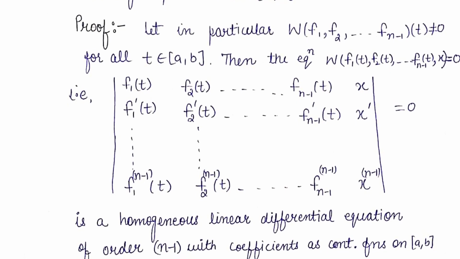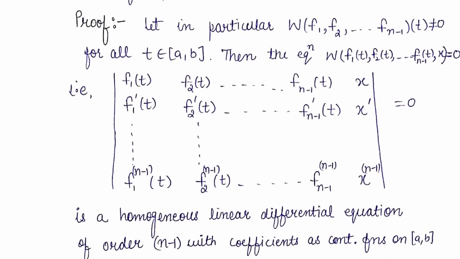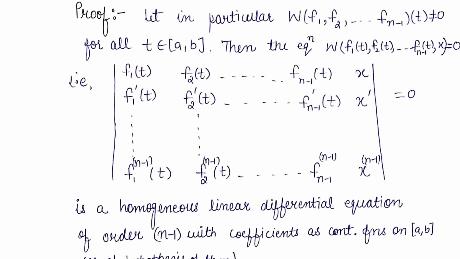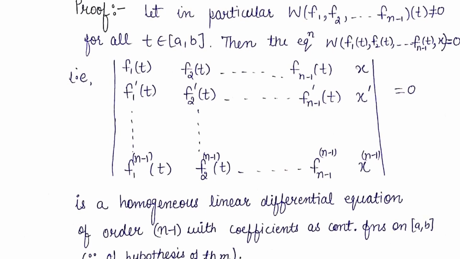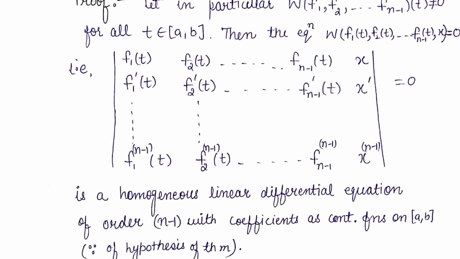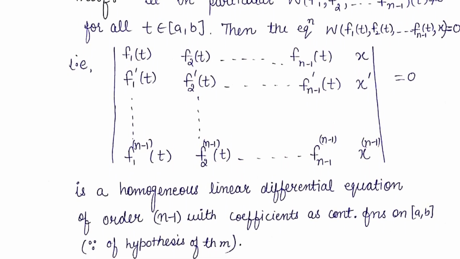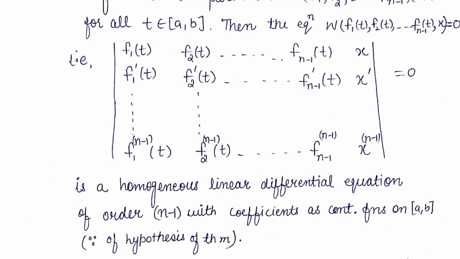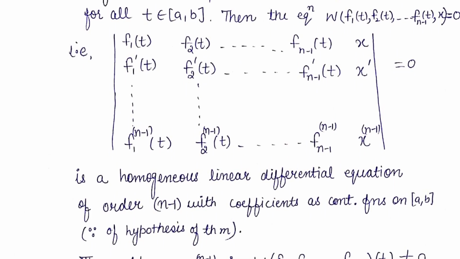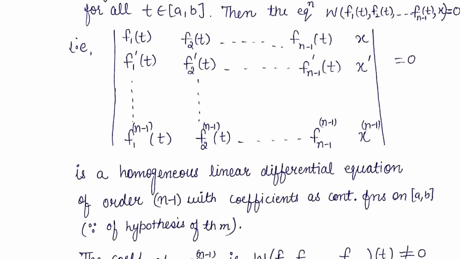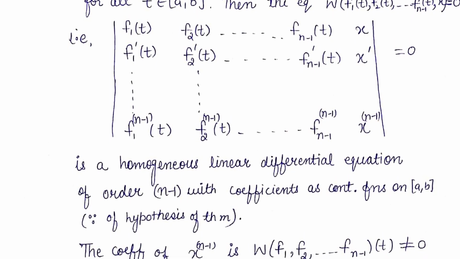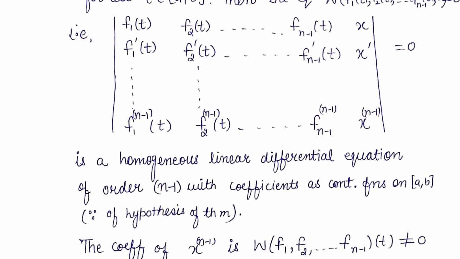And because when you expand the determinant by the last column, you get that the coefficient of the term x^(n-1), that is d^(n-1)x/dt^(n-1), is the Wronskian of f1, f2, ..., f(n-1) at t. And this Wronskian is given to us as non-zero, because we have assumed that the Wronskian of these n minus 1 functions is not 0.